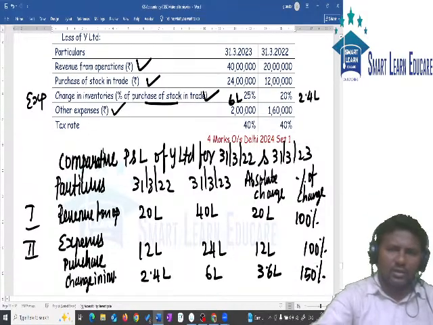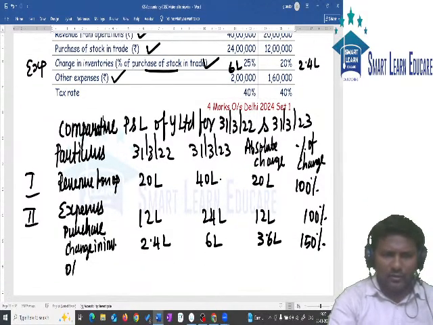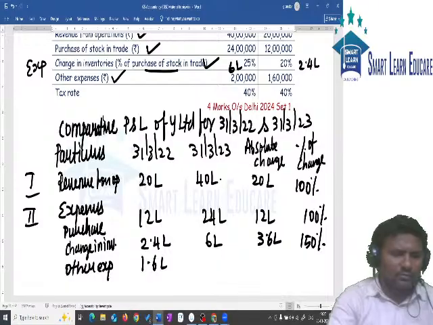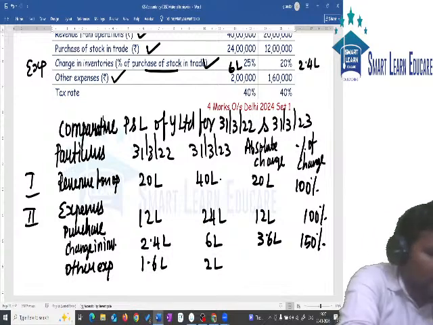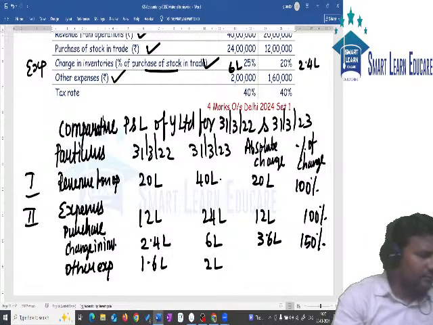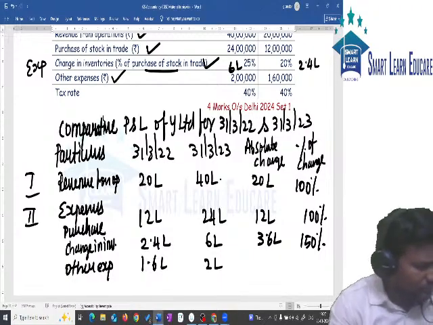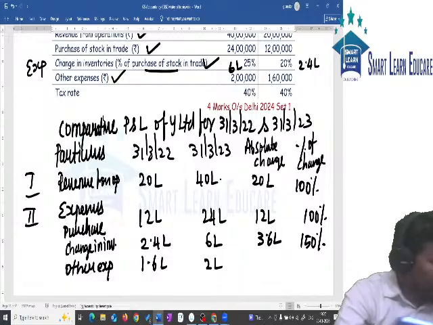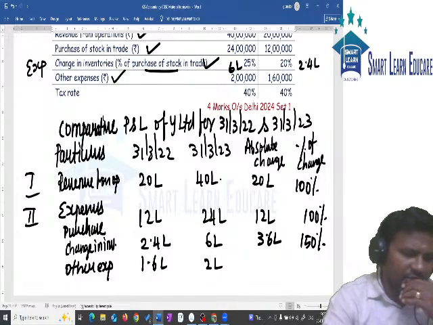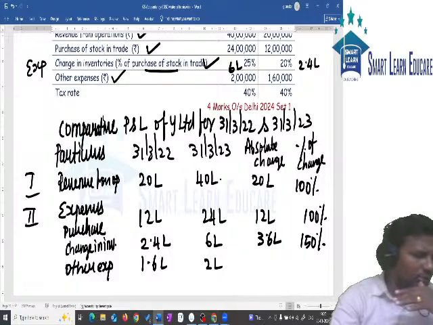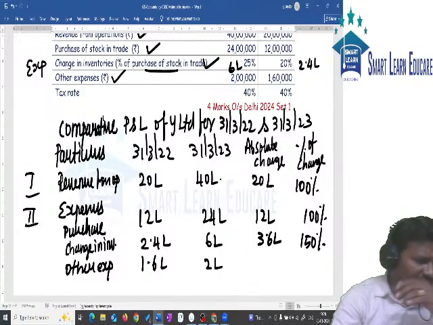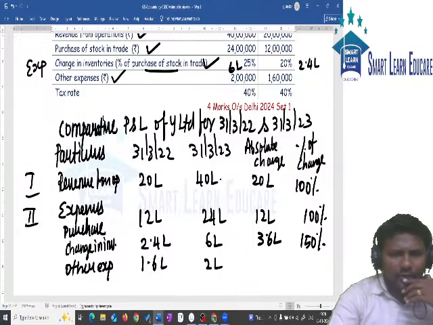Other expense: 1 lakh 60,000 and 2 lakh. And change in inventory, you don't need to take it as negative, just take it as an expense. In our DS Gupta book, page number 3.14, the same question is there.